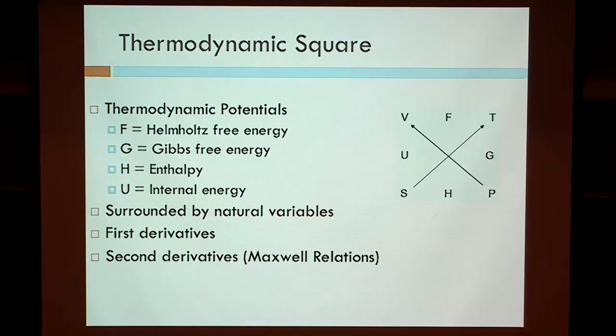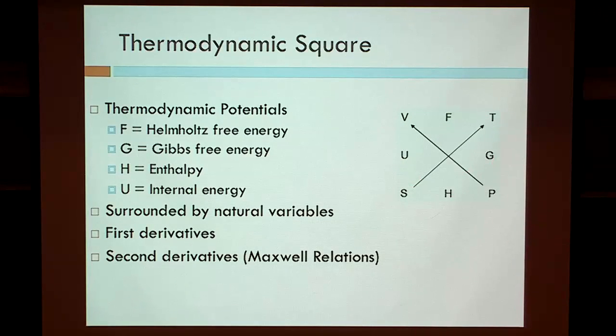It relates the various thermodynamic potentials. I've mentioned three of these already: Helmholtz free energy, Gibbs free energy, internal energy, and here's another one, the enthalpy, to their natural variables. You write the thermodynamic potentials in alphabetical order, F, G, H, U. You surround them by their natural variables, P and T in the case of Gibbs free energy, V and T in the case of Helmholtz free energy, V and S in the case of the internal energy. And then you draw these two arrows.